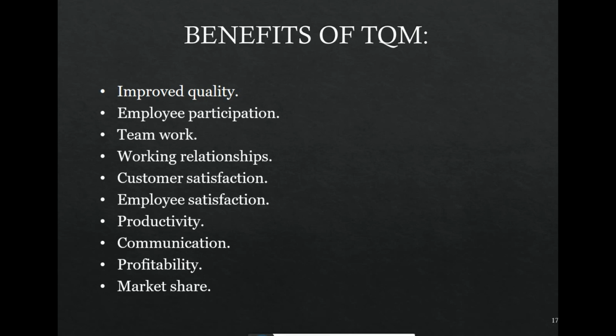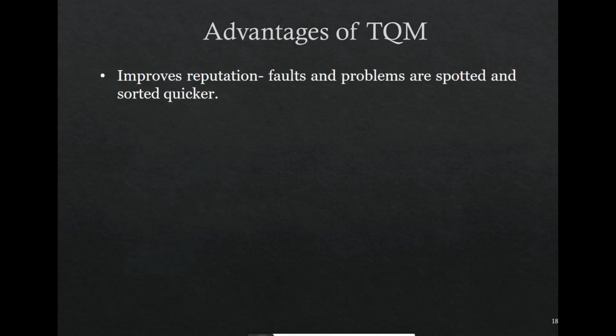The advantage of total quality management is to improve the reputation; faults and problems are spotted and sorted quicker. So instead of looking to detection, you must take prevention. You must take prevention to assure that the defects would not be produced.